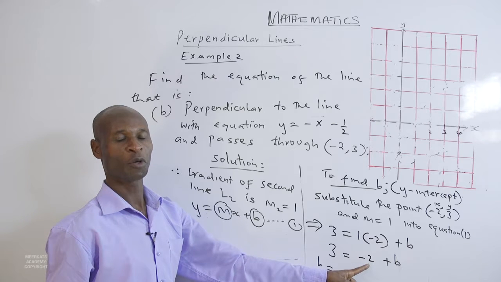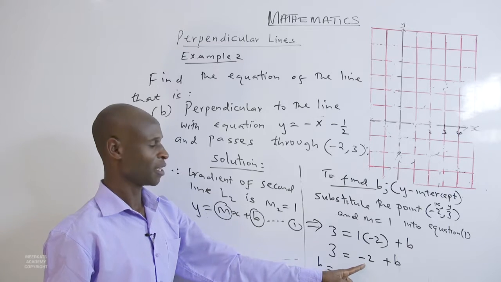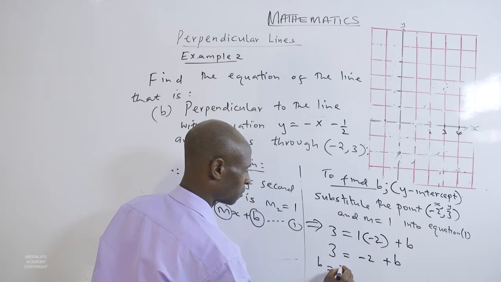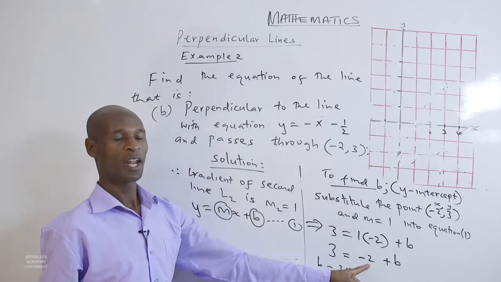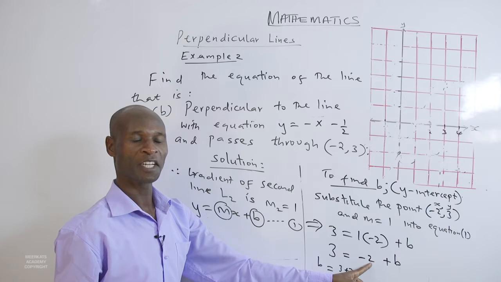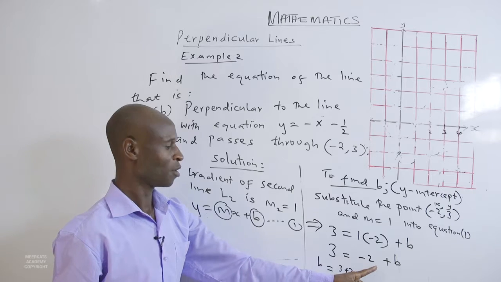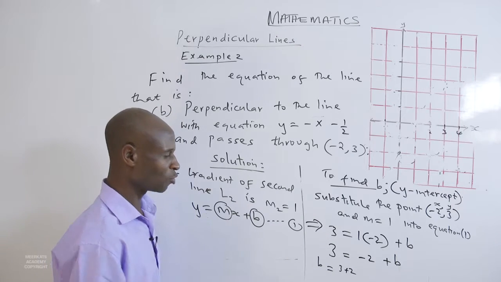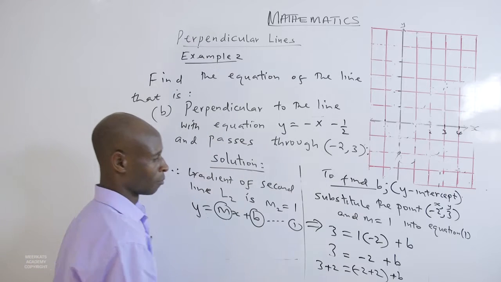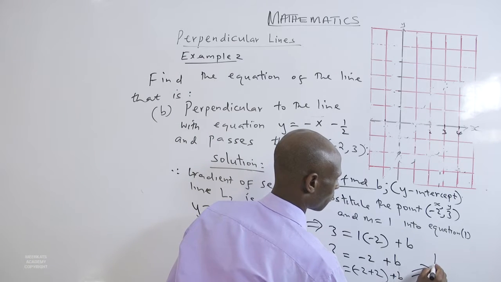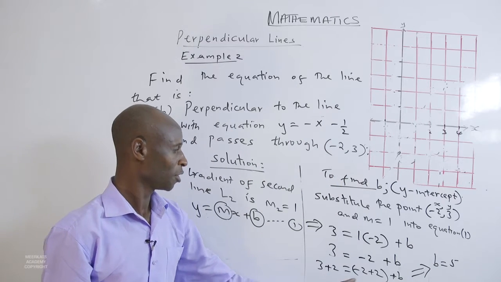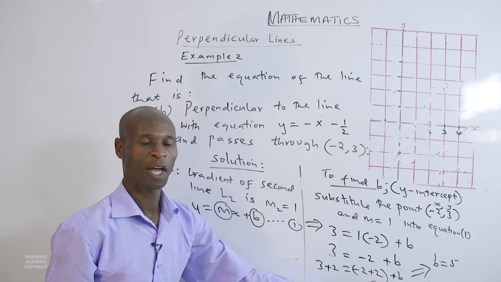So on the left hand side, we have 3 plus 2, and on the right hand side, we have -2 plus 2, which is 0, plus b. So 3 plus 2 is 5, and -2 plus 2 is 0.